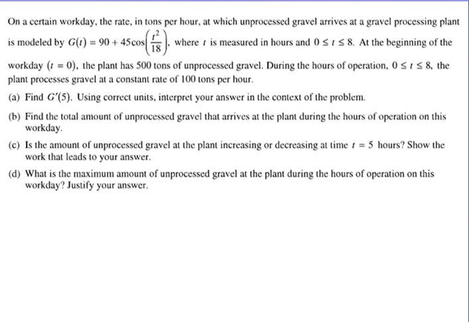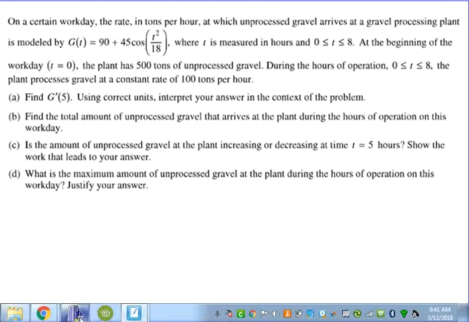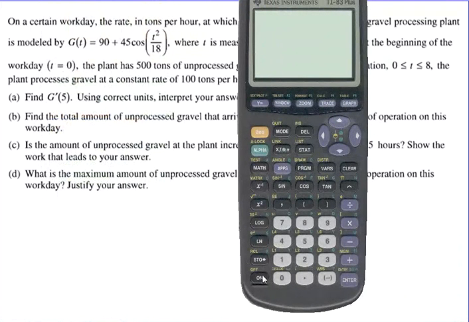I would use my calculator on this. When you're taking a derivative, and I know that the 89 is slightly different from this one, you can go to your math menu. Here's your derivative function. You type it in: cosine, make sure you are in radian mode, x squared over 18, comma, x.